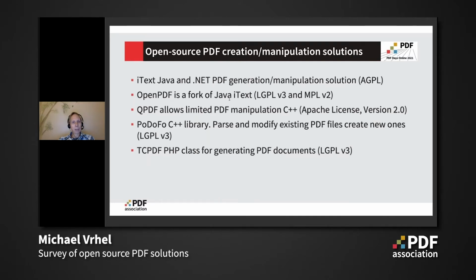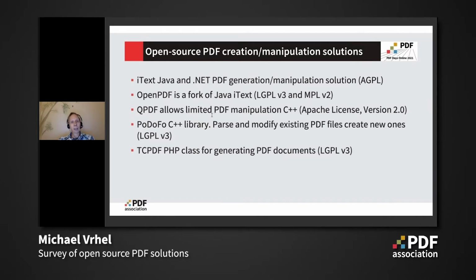OpenPDF, which from my understanding was a fork off of the Java iText project some time ago, has an LGPL and a Mozilla Public License. I guess you get your choice of which license you want to use.